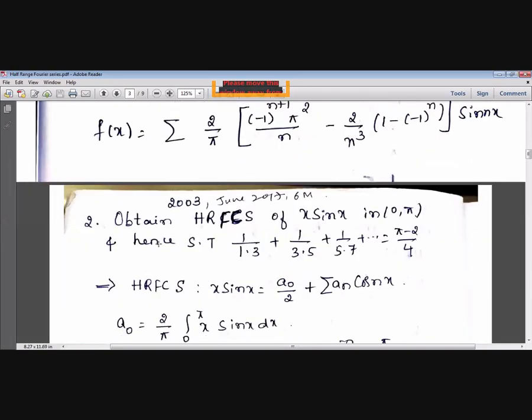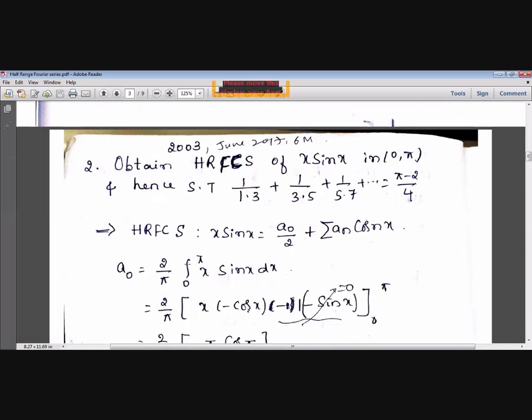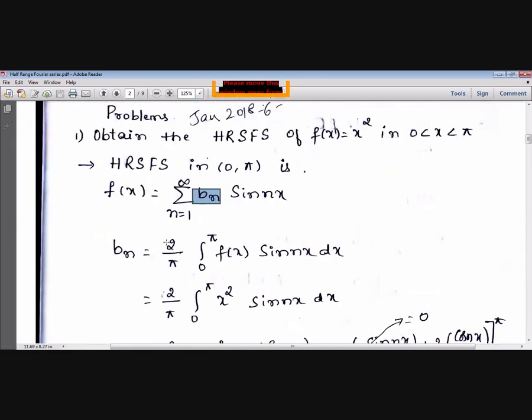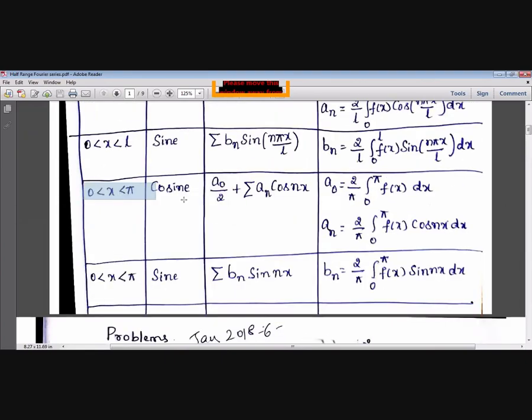Next, obtain the half range Fourier cosine series of x sin x. Half range Fourier cosine series in 0 to pi. So first thing we have to do, we need to write the definition. This is the definition of the half range Fourier cosine series, and this one we need to use.